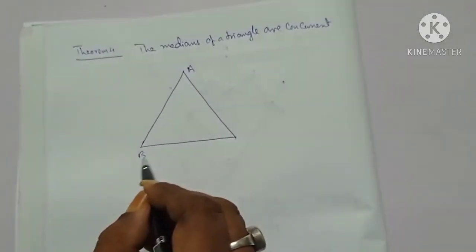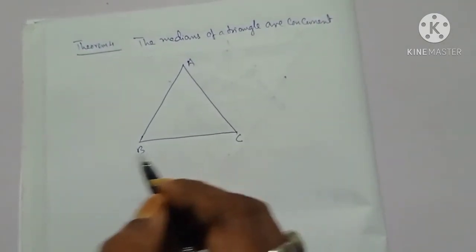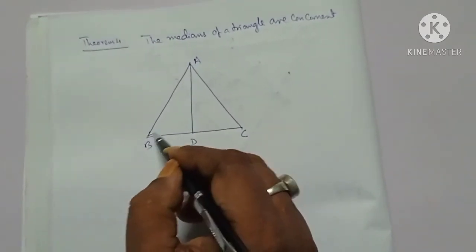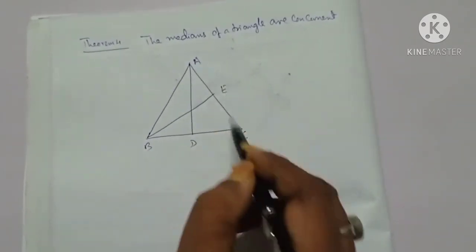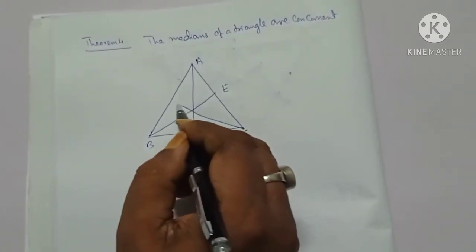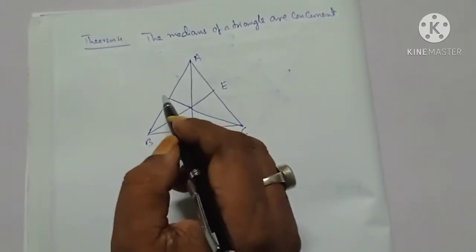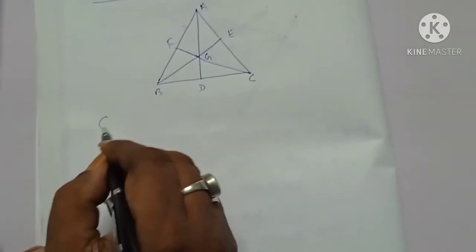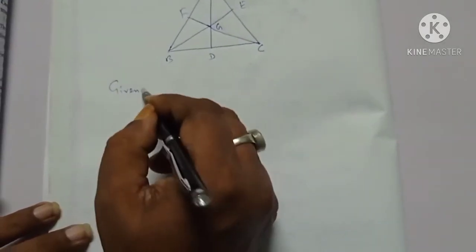ABC, this is the triangle. The medians AD, BE and CF, they are concurrent. So what is given?